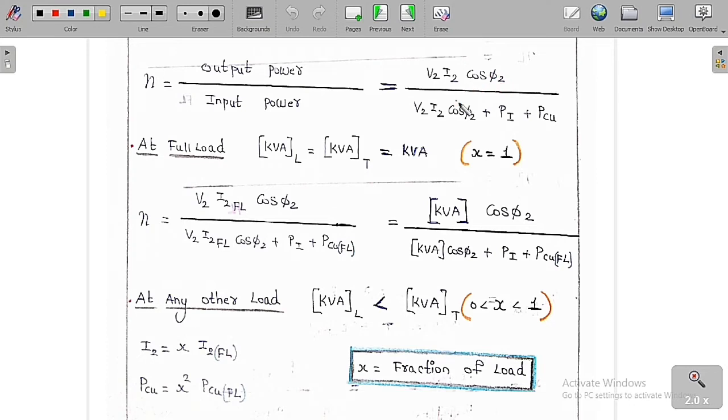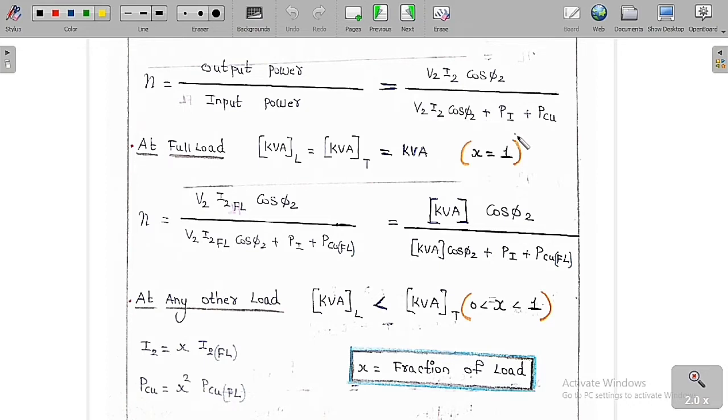I am going to neglect all the drops. So the output active power is V2 into I2 into cos phi 2, divided by the input active power, which is nothing but output power plus losses. So the output power is V2 I2 cos phi 2, plus the losses.